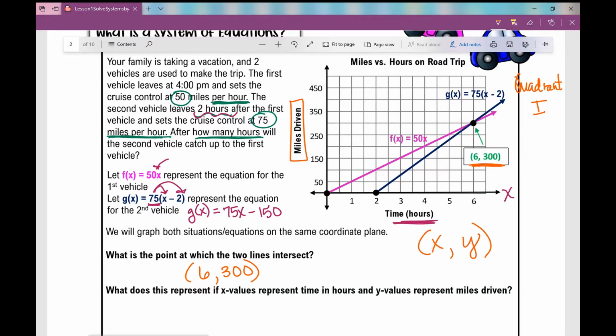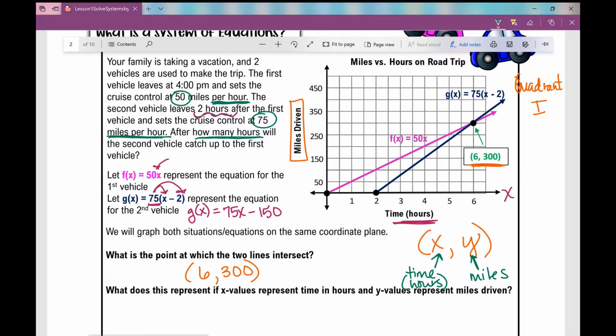When you're talking about a word problem, everything means something, right? Our variables mean something. In this case, the x values represent time in hours, and the y values represent miles driven.